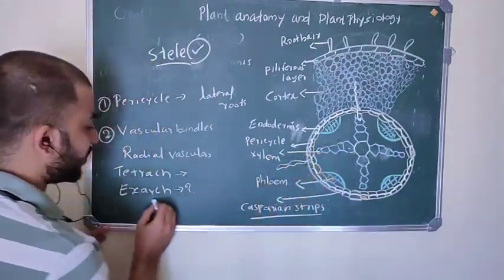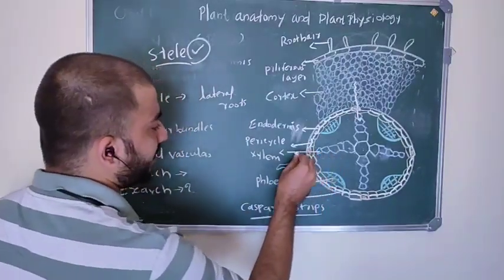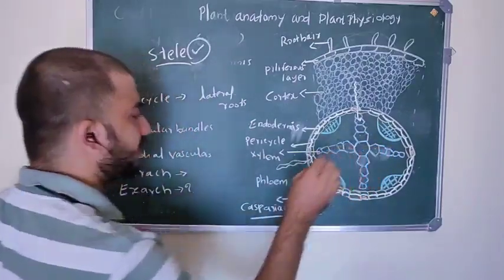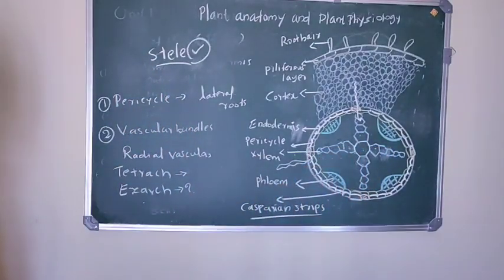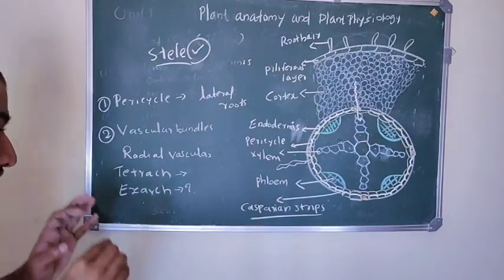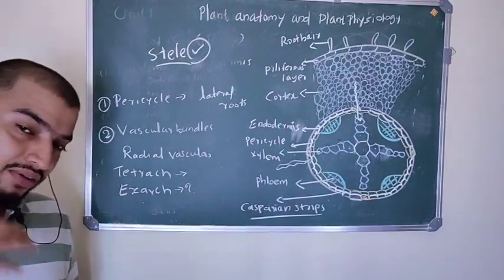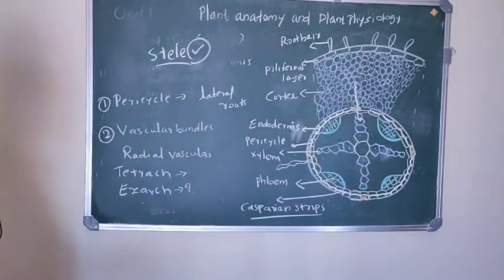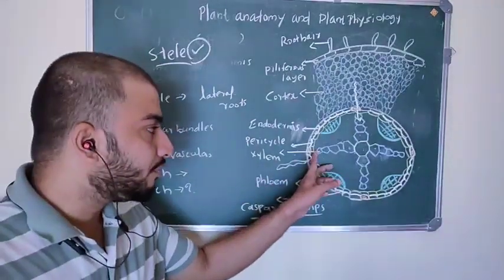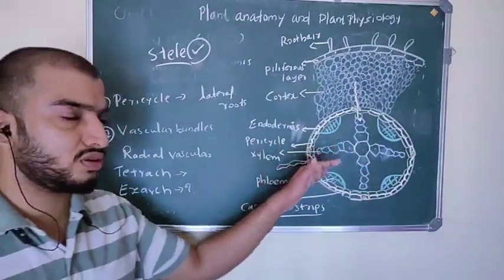That condition is called exarch. So the xylem of roots is always exarch. When we study the stem, it has the endarch condition, where protoxylem is in the center and metaxylem in the periphery, just opposite to the root.